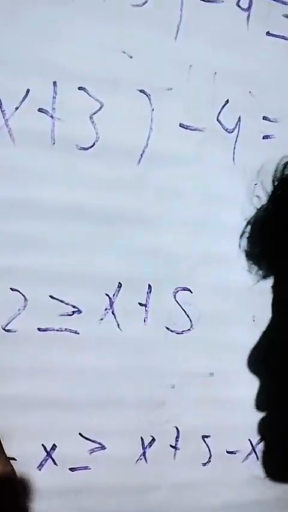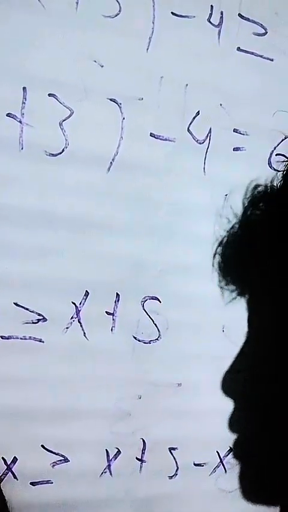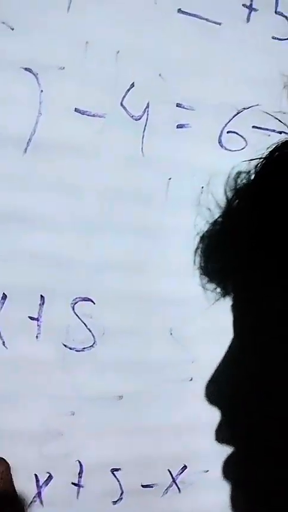So the inequality becomes 2x + 2 ≤ x + 5.